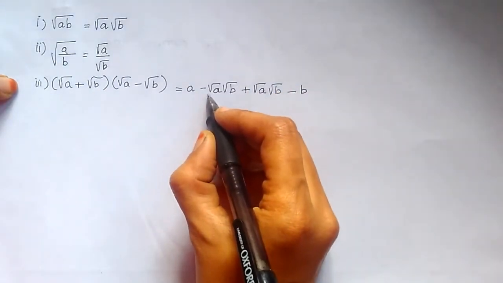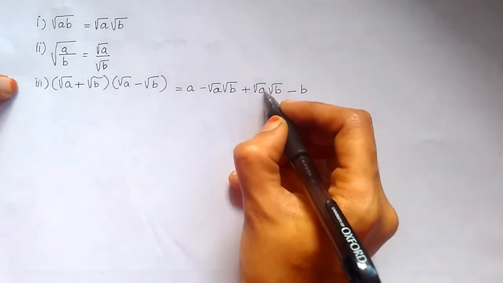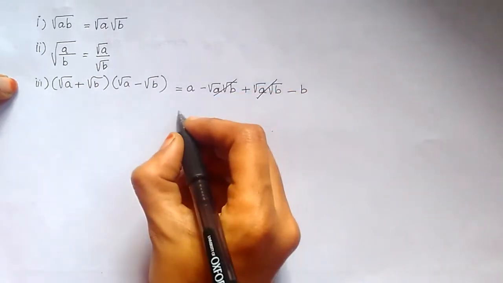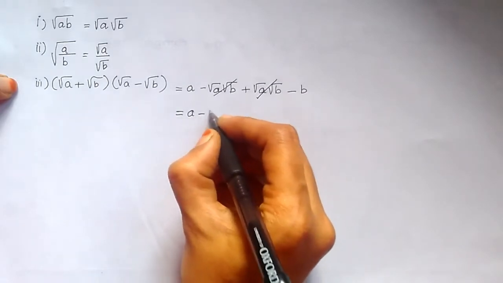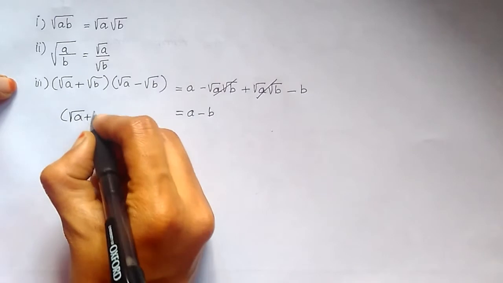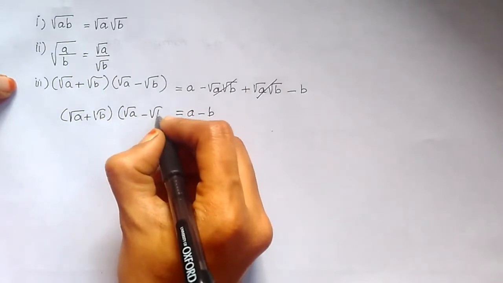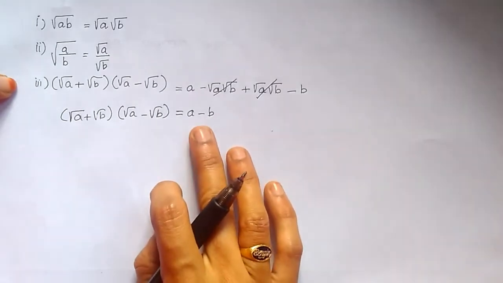Here, minus root ab plus root ab. So these two terms get cancelled, remaining a minus b. So the third identity is root a plus root b into root a minus root b is equal to a minus b.